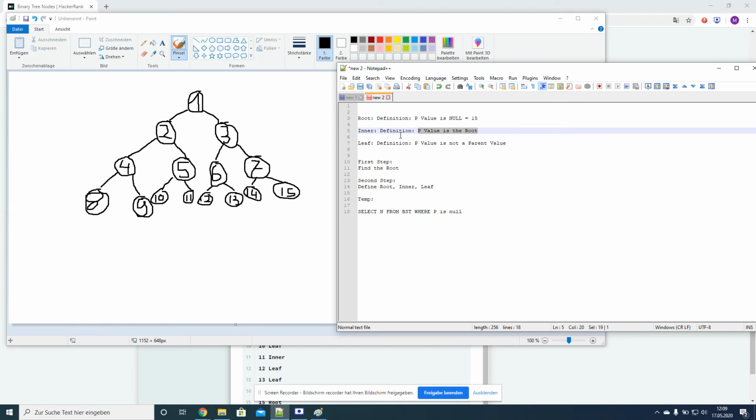We can just say about the inner then, that the p value is not null and the p value is parent to at least one. So the inner is parent always to two leaf values, but at least one is also enough definition to define an inner value.